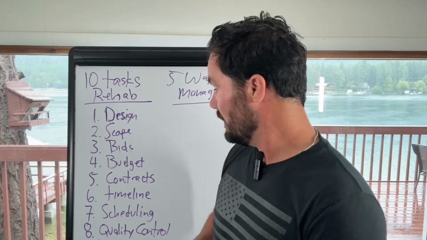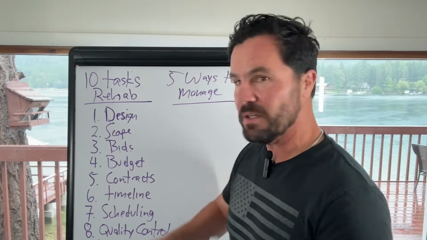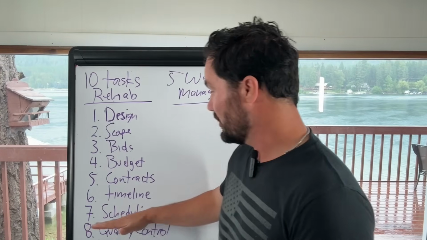Now, usually your timeline is a rolling timeline because it's very difficult to keep the timeline exactly how you want it, because it's rehabbing, right? Things come up, there's delays, weather, materials, whatever, contractors don't get done on time, things like that. But your timeline needs to be continually rolling and your scheduling needs to be way ahead of the work before it comes out there.